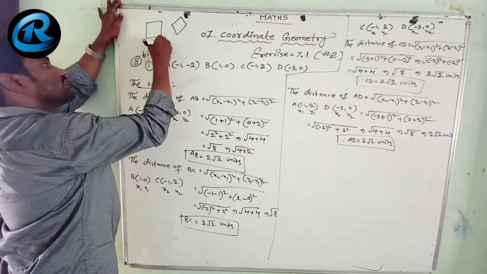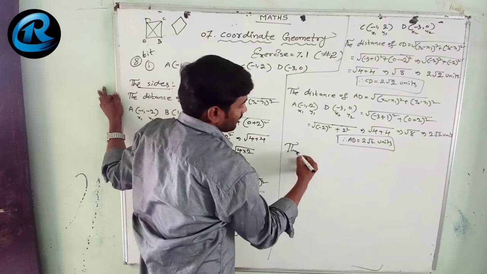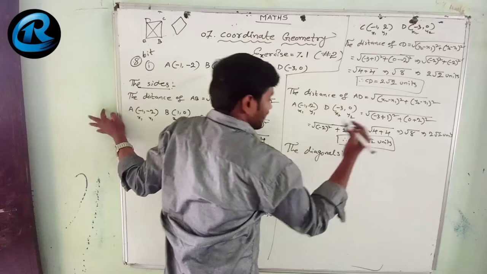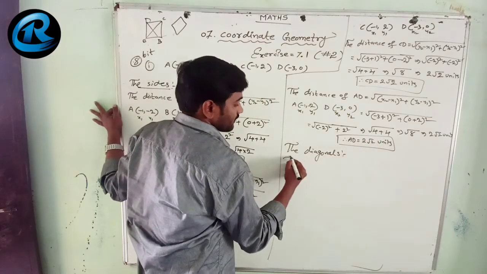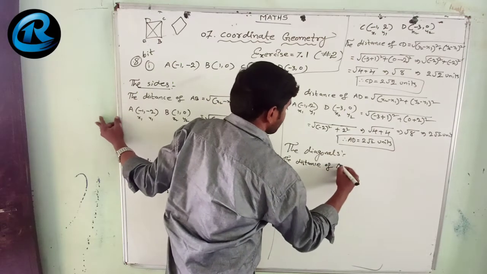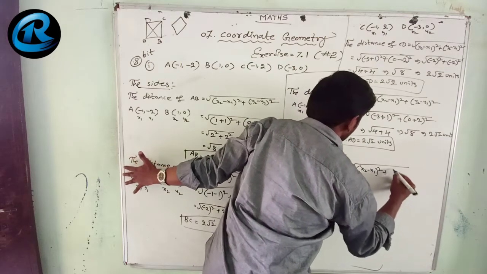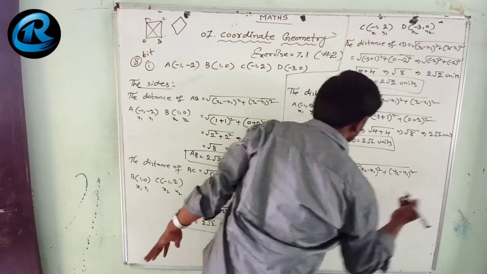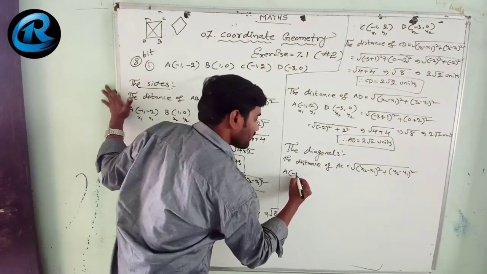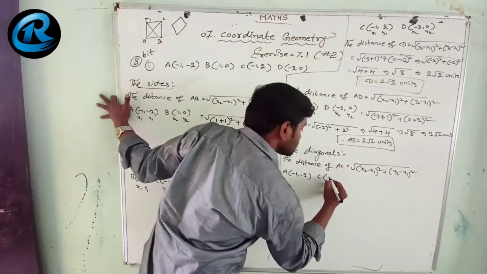Now if you find out the diagonals AC and BD, the distance of AC equal to under root of x2 minus x1 whole square plus y2 minus y1 whole square, where A is minus 1, minus 2 and C is minus 1, plus 2.